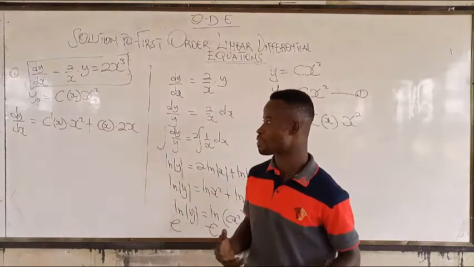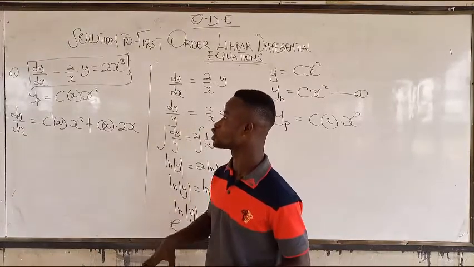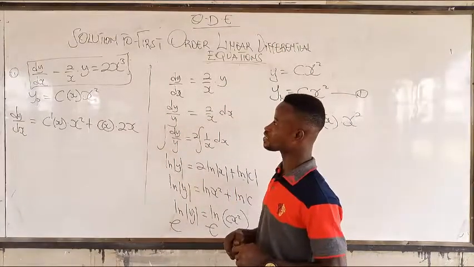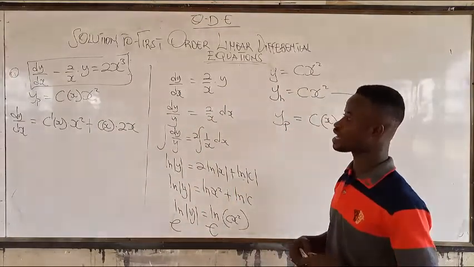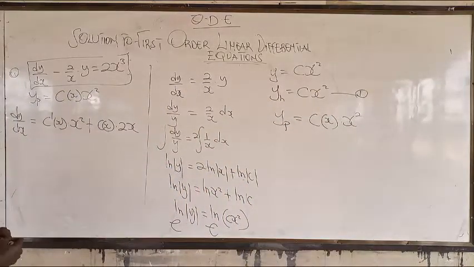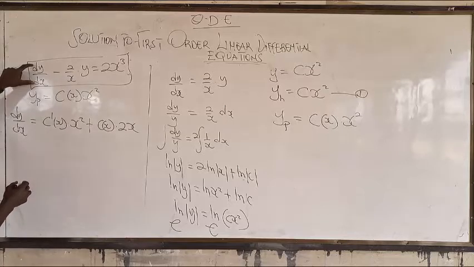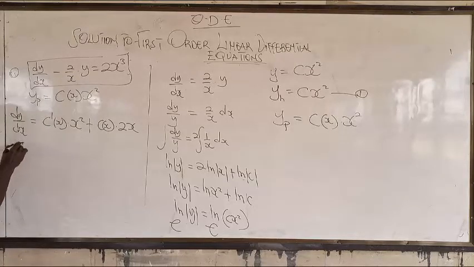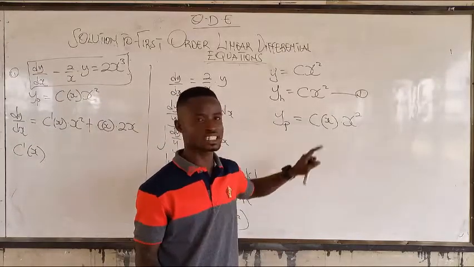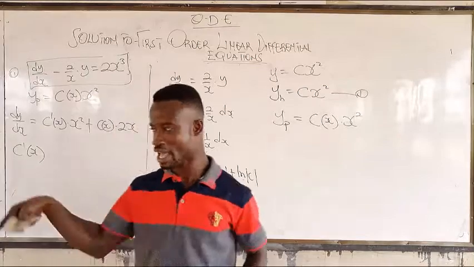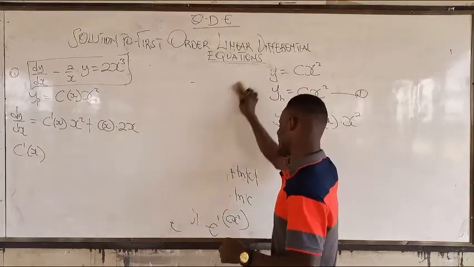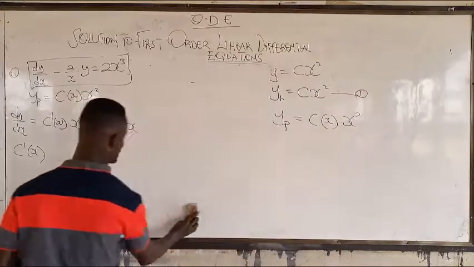I hope you remember. We go and do the substitution to the first order linear differential equation that we have there. And that is going to give, so dy dx is the whole of this. And the reason why we are doing all this is to find the c in terms of x. Alright. It's for us to find the c in terms of x.